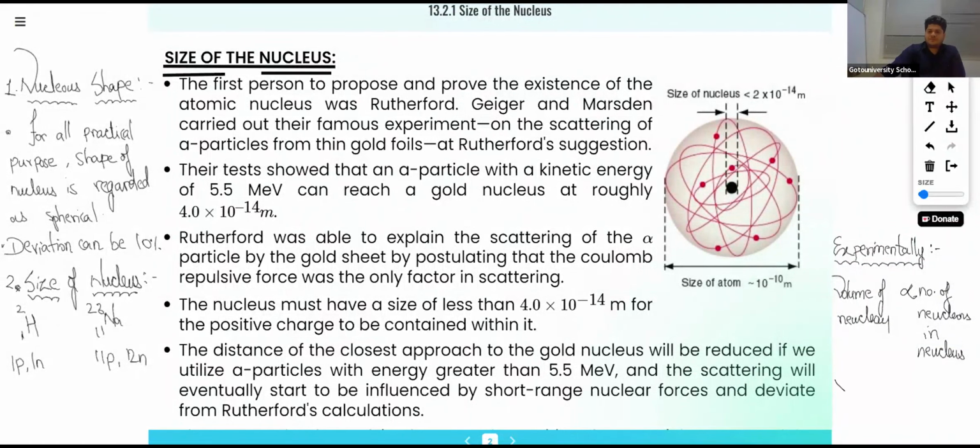Volume of nucleus is directly proportional to number of nucleons in nucleus. Okay, volume will be represented by V, number of nucleons in nucleus will be represented by A.